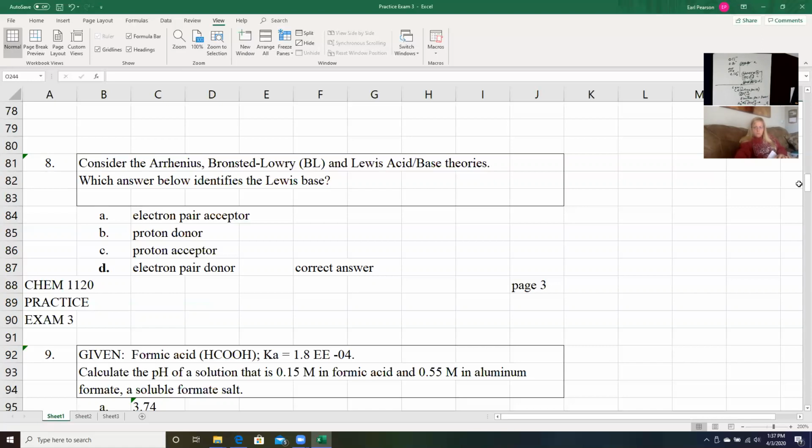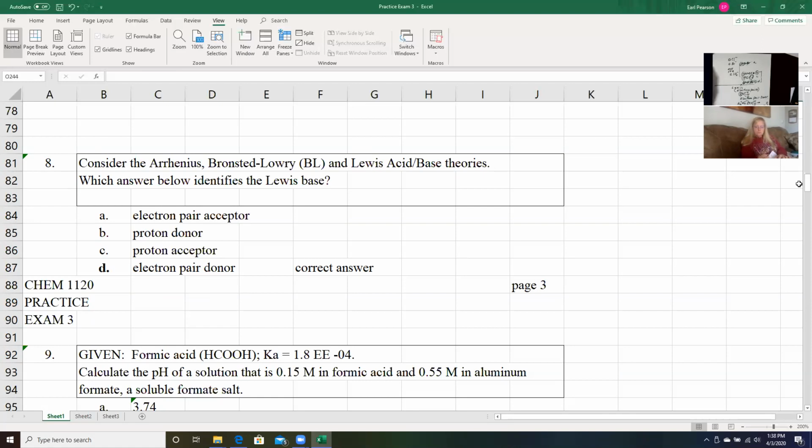The pair of electrons that was on ammonia on this side attaches itself to the silver, and the pair of electrons that was on ammonia on this side attaches itself too. It makes a linear nitrogen, silver, nitrogen structure, and the ammonia is the electron pair donor.